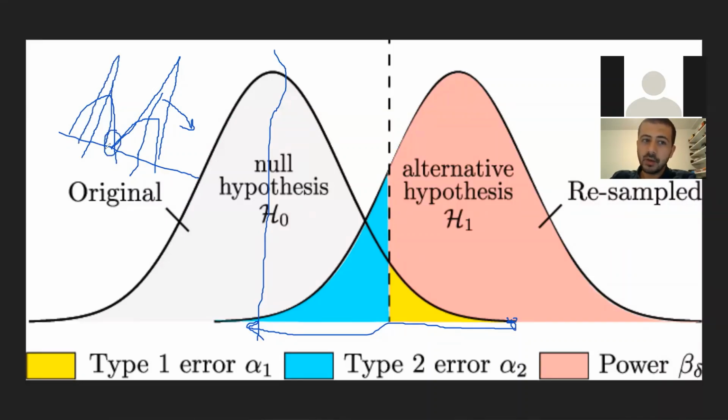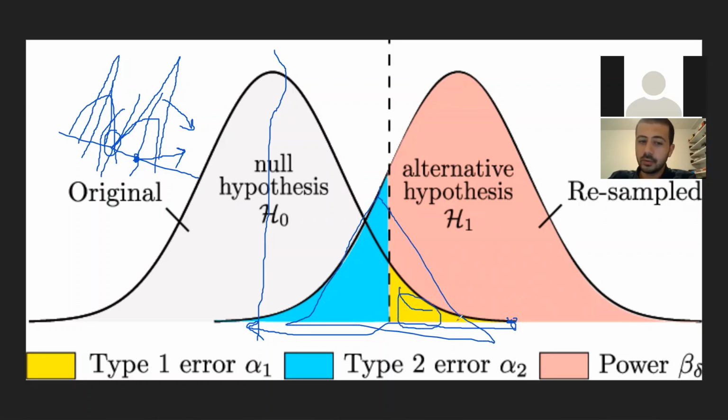Because if I reduce the amount of overlap, being here will have a lower p-value than being here when we have a lot of variance. So I have less chance of error? Exactly. Less chance of error, less overlap, lower p-value, higher power. Overlapping represents the areas where I'm going to get errors. Exactly. This is the overlap, and those are the errors.